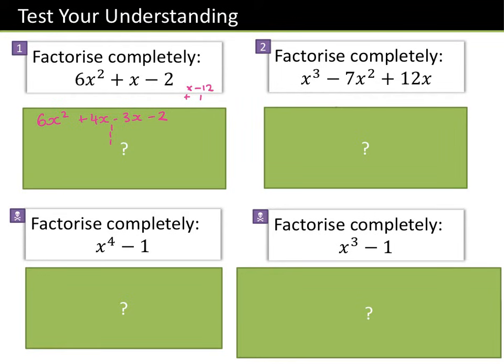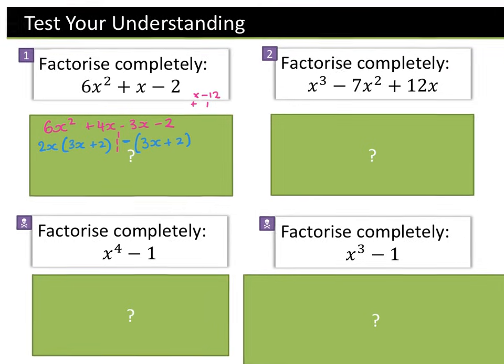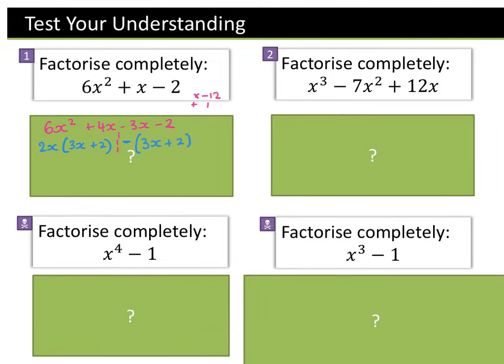So common between 6x squared and 4x, I have 2x brackets. 2x times 3x gives me 6x squared. 2x times 2 gives me 4x. For the second one, the only thing they have in common is a minus 1. So if I take a minus 1 out, and then remember I don't write 1, I'm going to have bracket 3x plus 2. Now again, you know you're on the right lines if both of these brackets are the same, which they are.